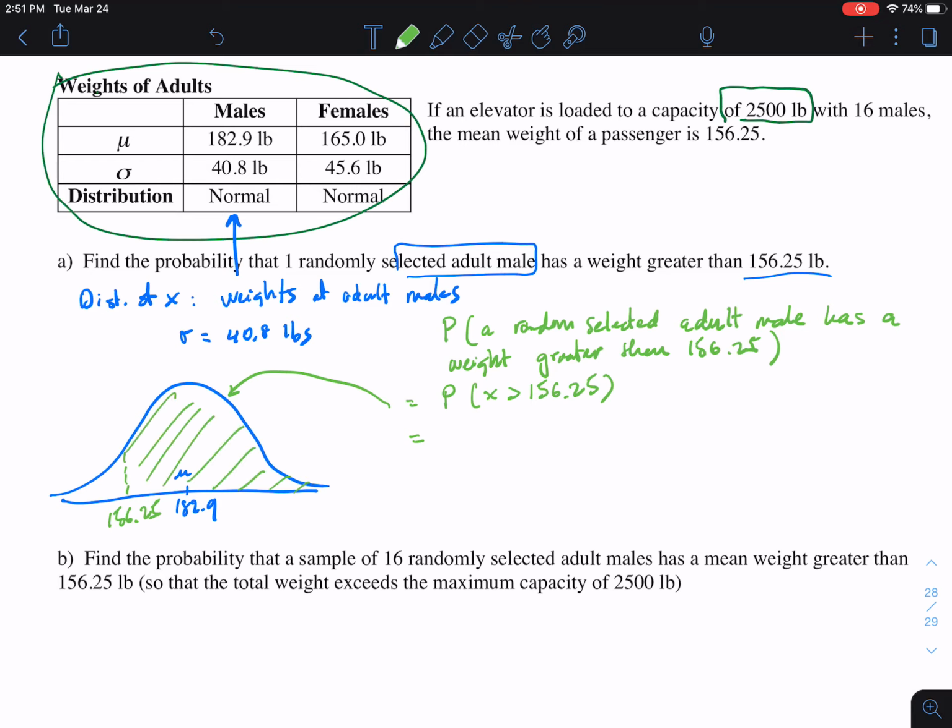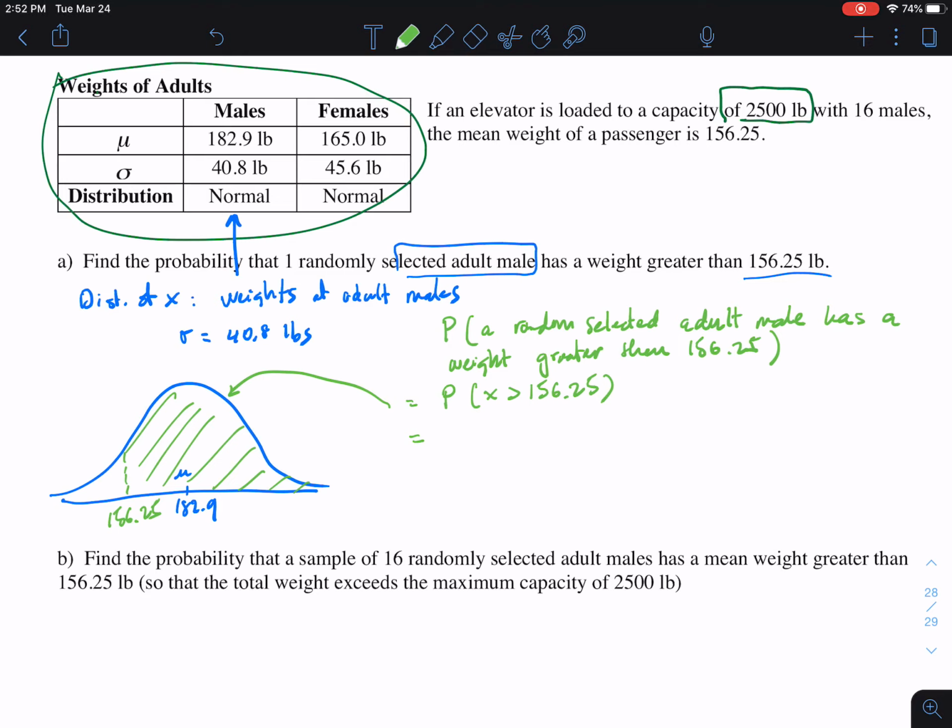Certainly we can do this the long way: convert this value of x to the number of standard deviations below the mean, which is the z-score, use the z-score table to look up the area to the left, and subtract from 1 to get the answer. But that's in the previous lesson. In this lesson, we're going to use the TI-84 command to get the answer.